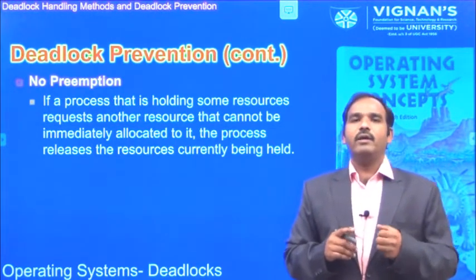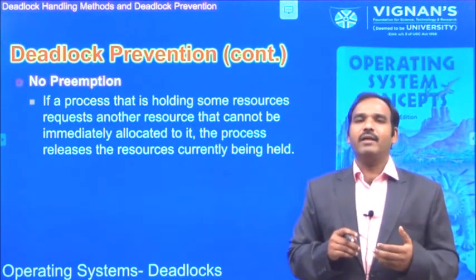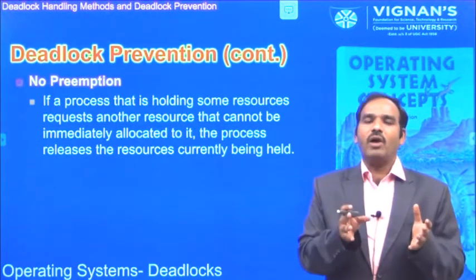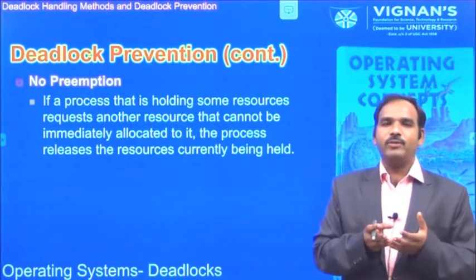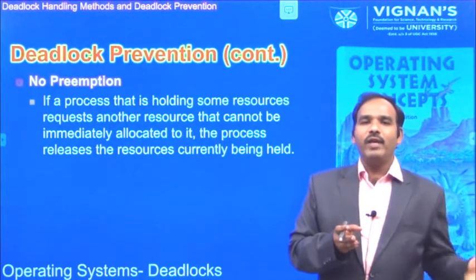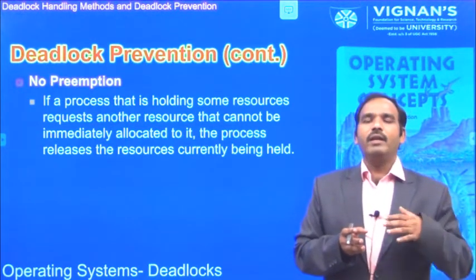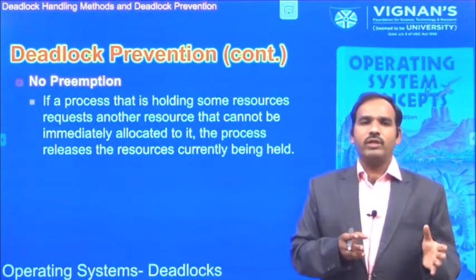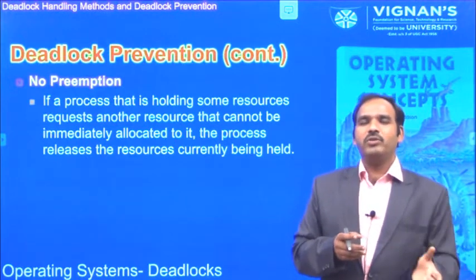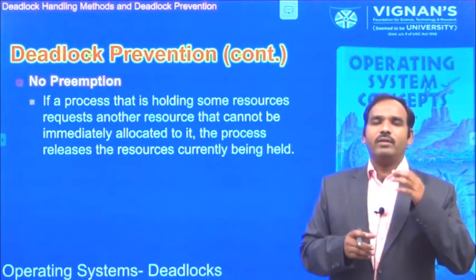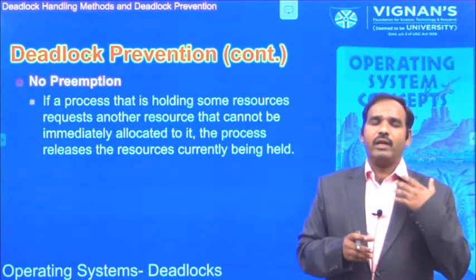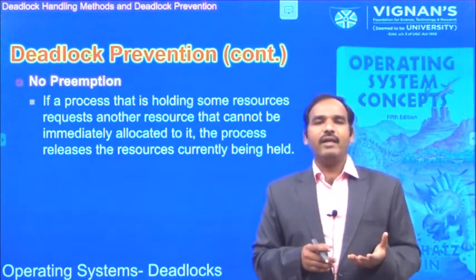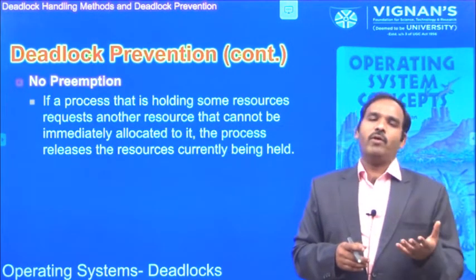The rule here is, when the process requests a resource, the process must release all the resources already allocated, and the system will add those released resources to the list of required resources of that process. Once all the requested resources are available, then only the system will allocate those resources to that process.